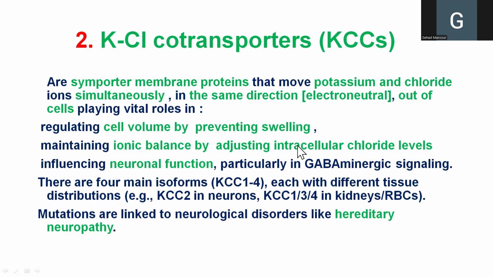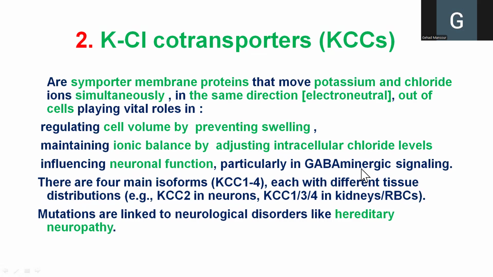So once again, by pumping chloride outside using this co-transporter, you're preventing the accumulation of chloride inside, you're keeping the ionic balance, you are preventing swelling by absorption of water. This is very important, especially in nerve cells for neuronal function, and especially in GABAergic signaling. We will discuss this in the nervous system.